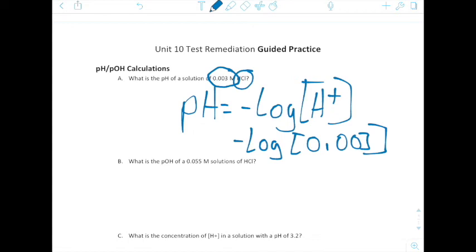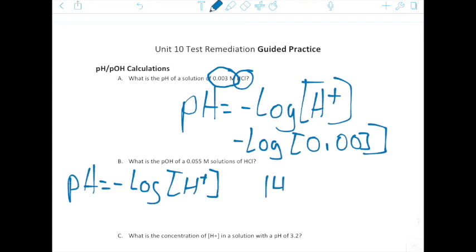Trying to find the pOH calculations, we'll do the same thing and go pH equals -log of our hydrogen ion concentration. But the only other step is we know that 14 minus pH equals pOH. Work this out using those two equations and see what answer you get.